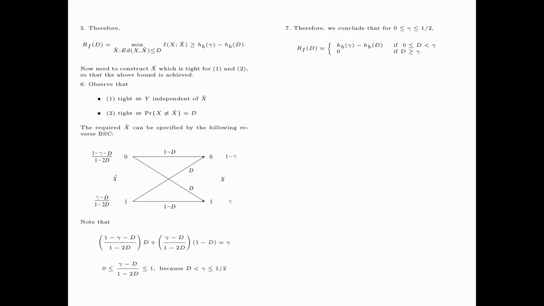So we see that the lower bound that we have obtained for R_I(d) is indeed tight. Therefore, we conclude that for gamma between 0 and 1/2, R_I(d) is equal to h_b(gamma) minus h_b(d) if d is between 0 and gamma, and is equal to 0 if d is greater than or equal to gamma.